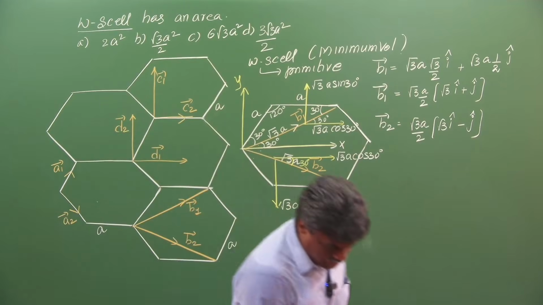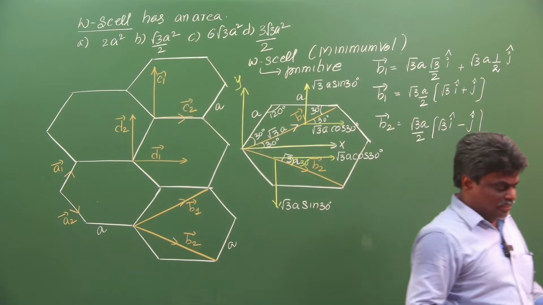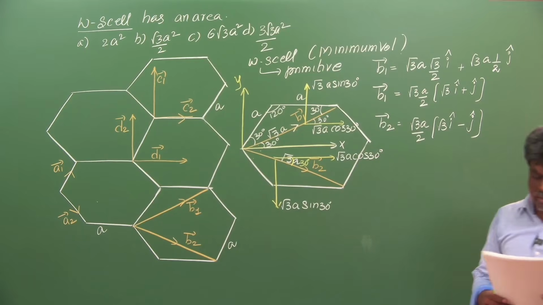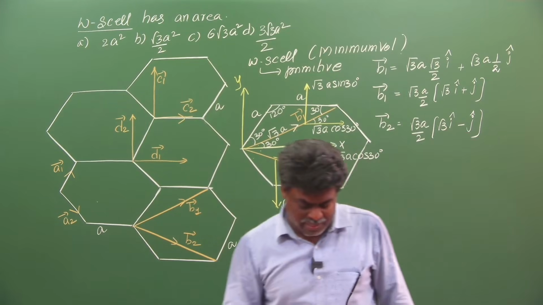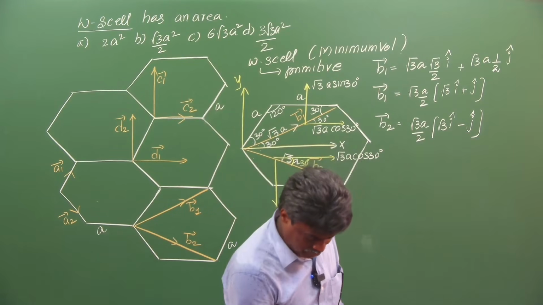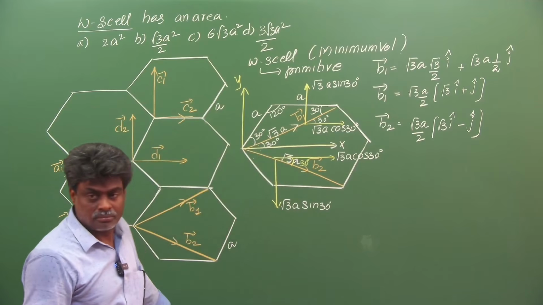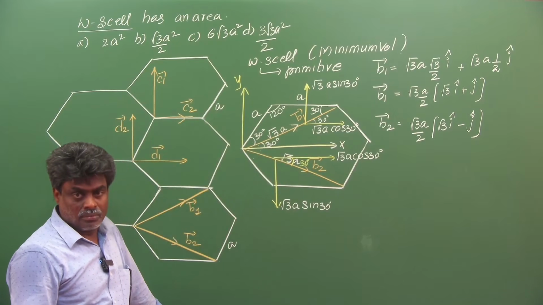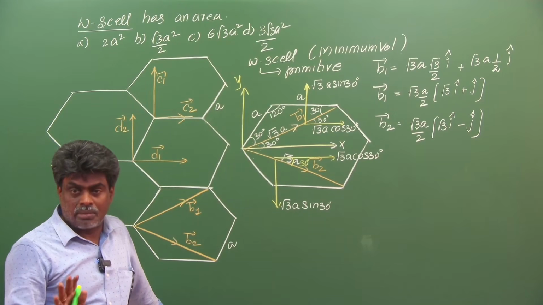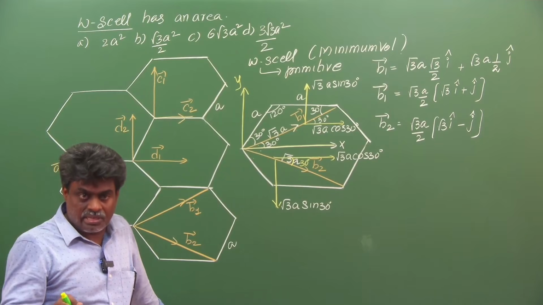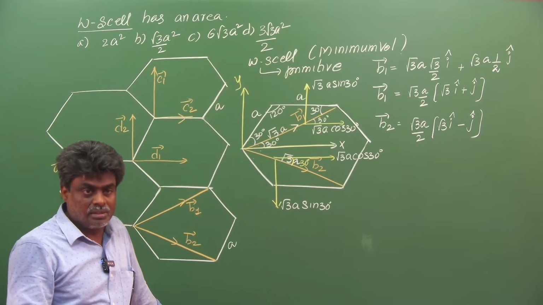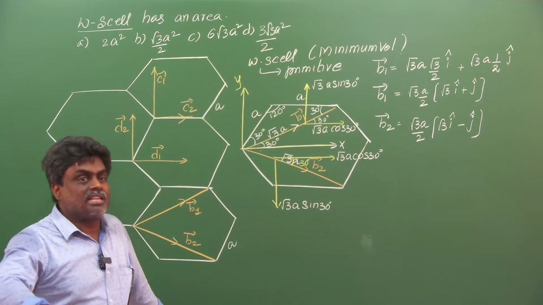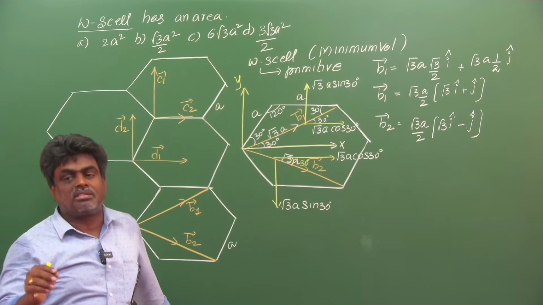And now what he is asking is the Wigner-Seitz cell area. Wigner-Seitz cell means not a reciprocal lattice. Wigner-Seitz cell is a real lattice. The Wigner-Seitz cell in the reciprocal lattice is called the first Brillouin zone.